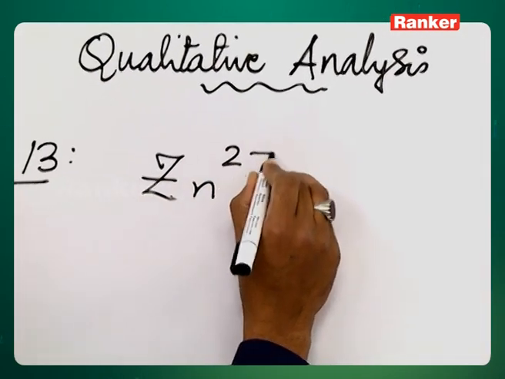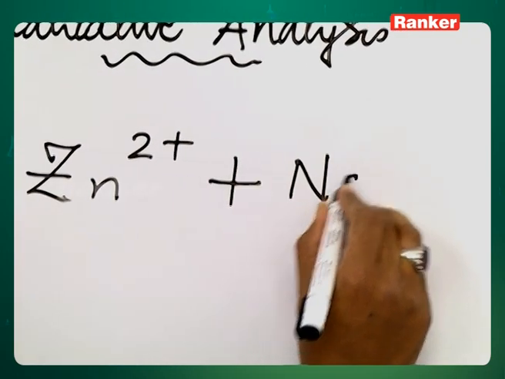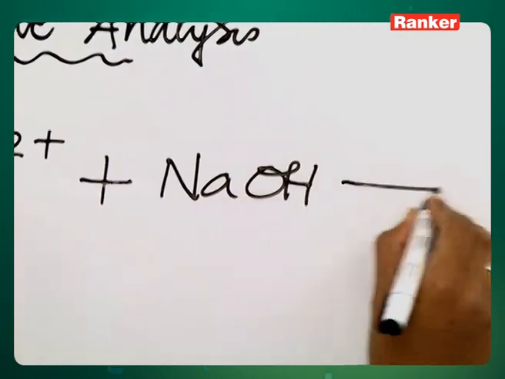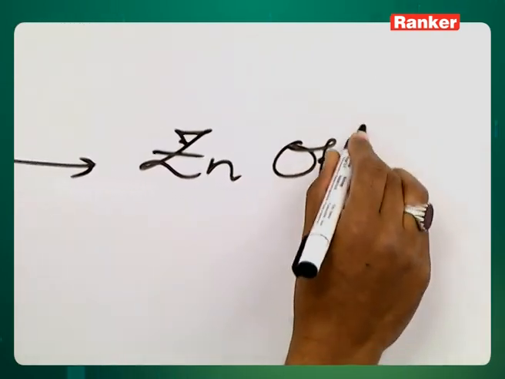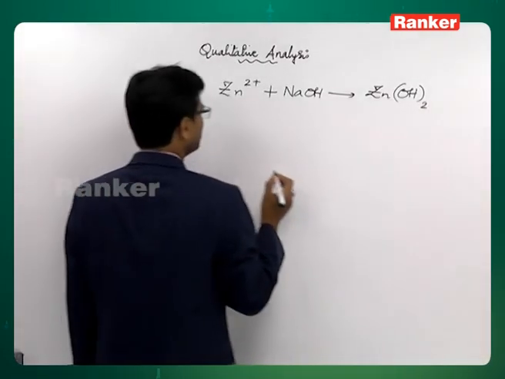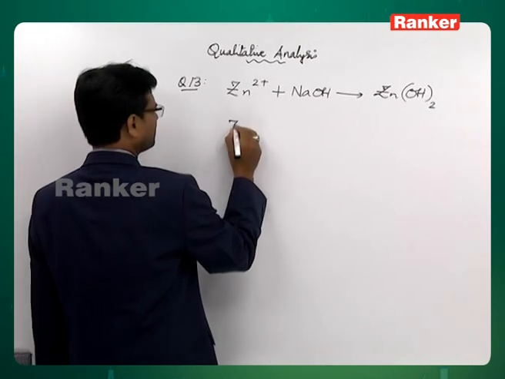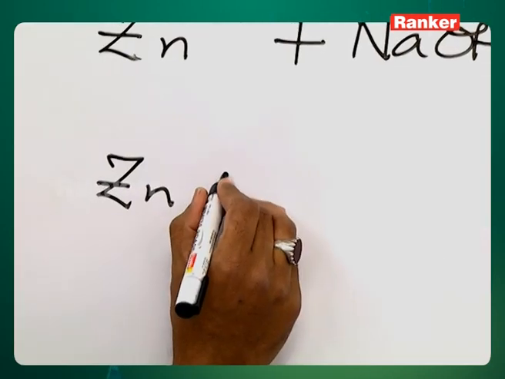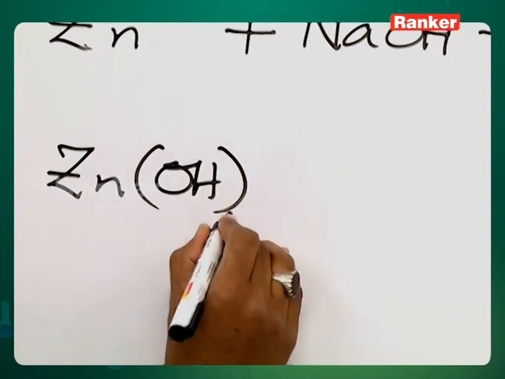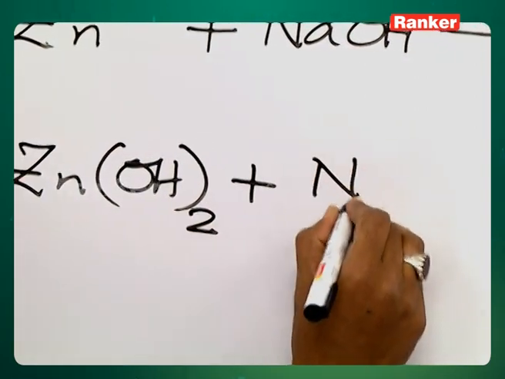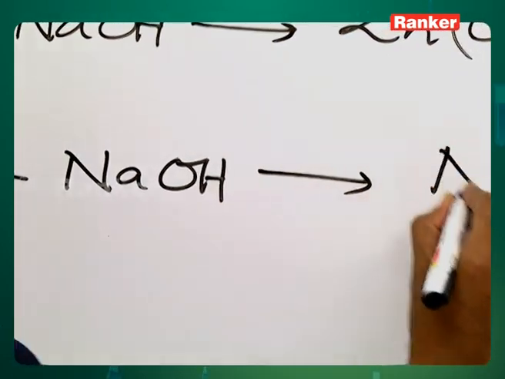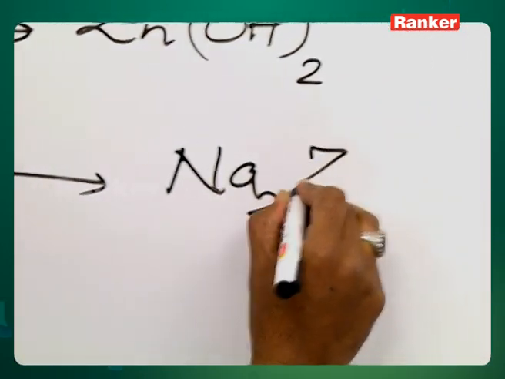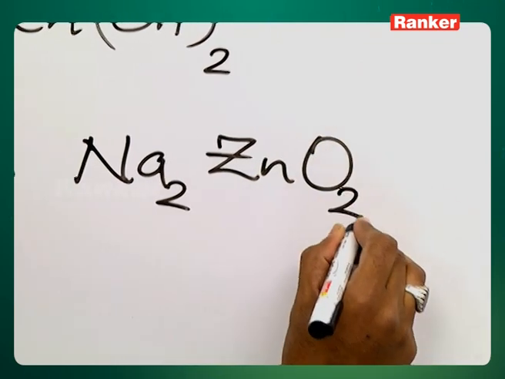Zn2+, and we are adding sodium hydroxide. Initially, we get a precipitate of zinc hydroxide, Zn(OH)2. Then Zn(OH)2 will further react with NaOH, and you get Na2ZnO2.